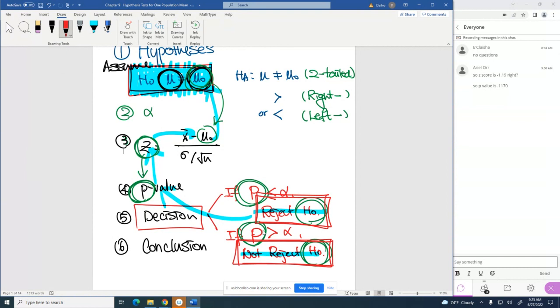Okay, it's not the last one. Think about the alpha. What was the name of the alpha? Significance level.